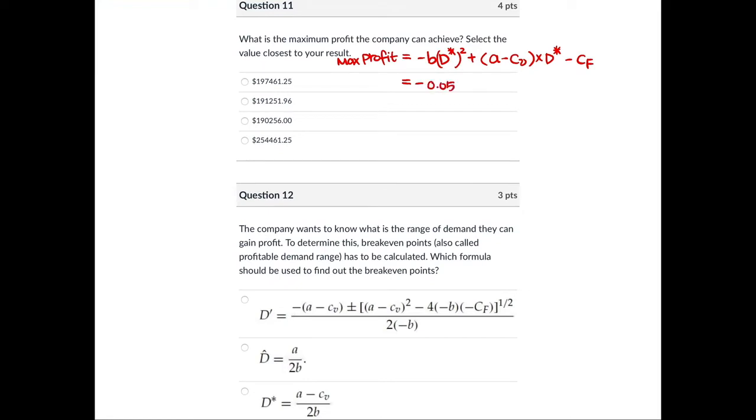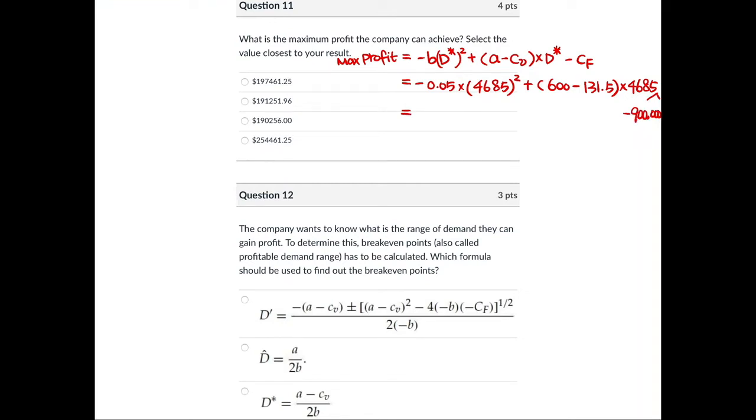So minus B is 0.05, and D star, you just calculate it out. It is 4,685 to the power of 2 plus 600 minus 131.5, right? Times D star again, 4,685, and you want to minus the 900,000.